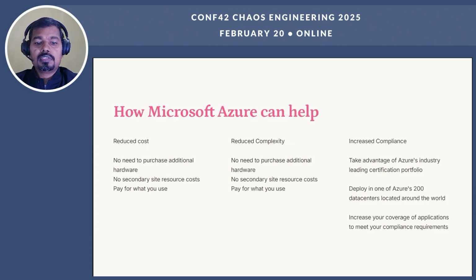And with simplified disaster recovery, Azure Site Recovery automates failover and recovery processes. So instead of a manual and stressful recovery process, you can restore workloads with just a few clicks. Ensuring compliance.